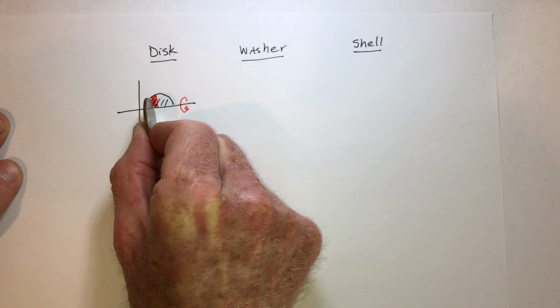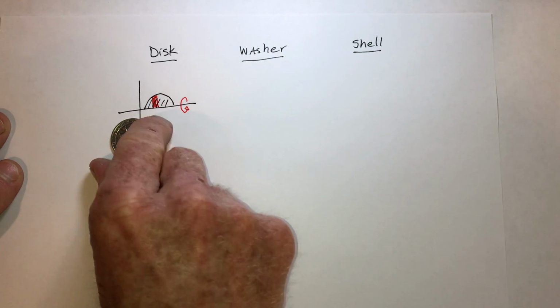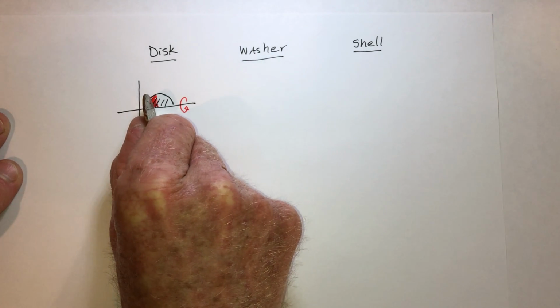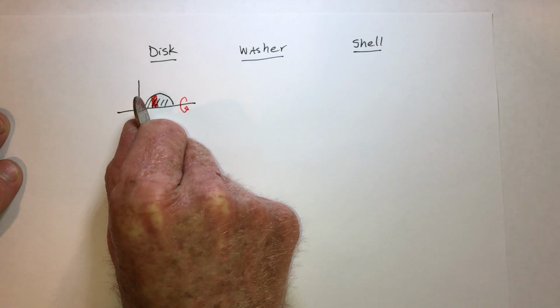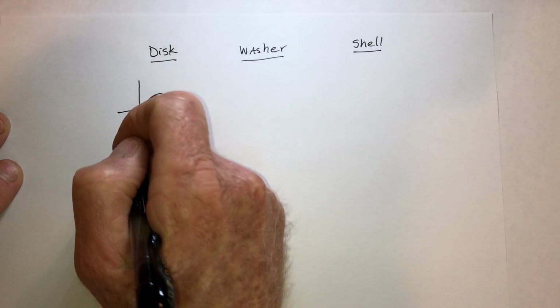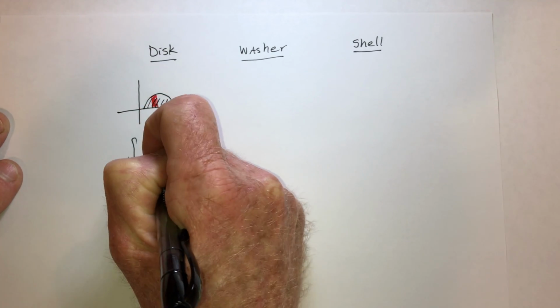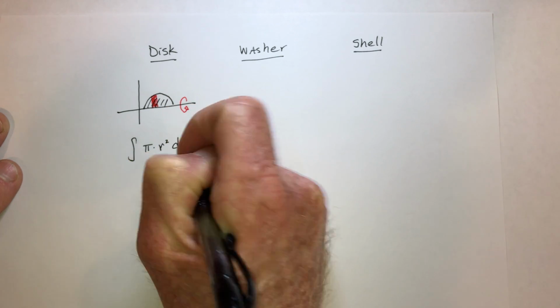Look, I even got one right here. So disk, that would be like a quarter. So when you rotate that around, it looks like one of these. And then you just add up all of those little quarters. So the volume is going to be integrate pi r squared dx.